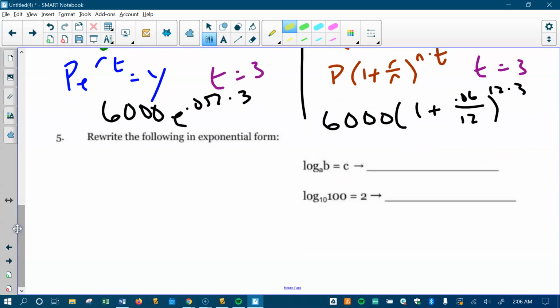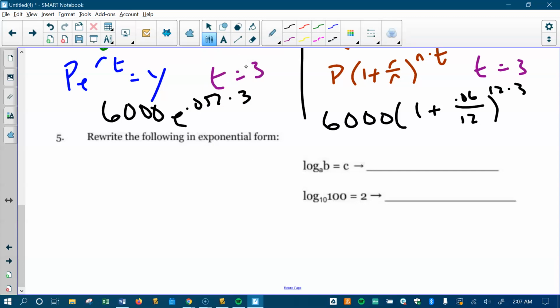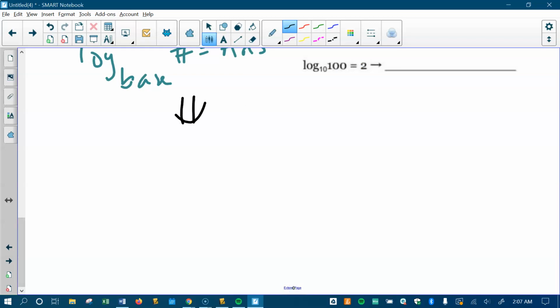Okay, rewrite the following in exponential form. So just as a reminder for you, when you're rewriting these, whenever you have a log, base, number, answer, the way it works is you're going to rewrite it to base to the answer is equal to the number.